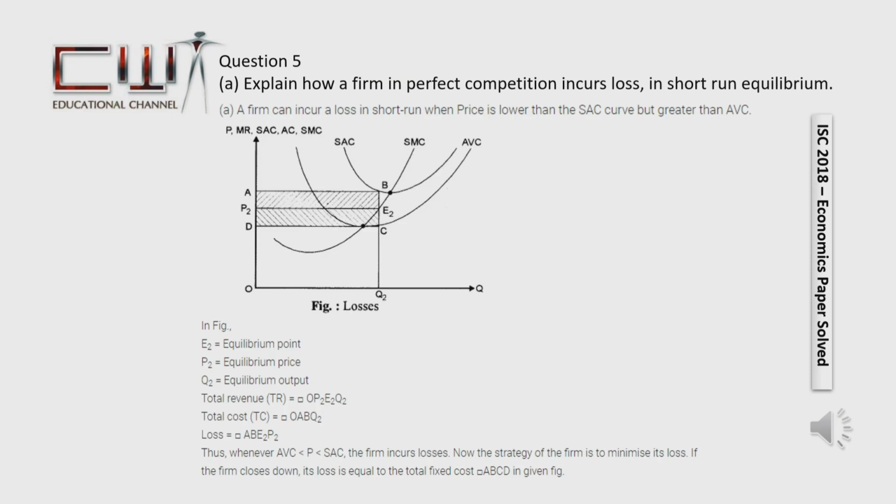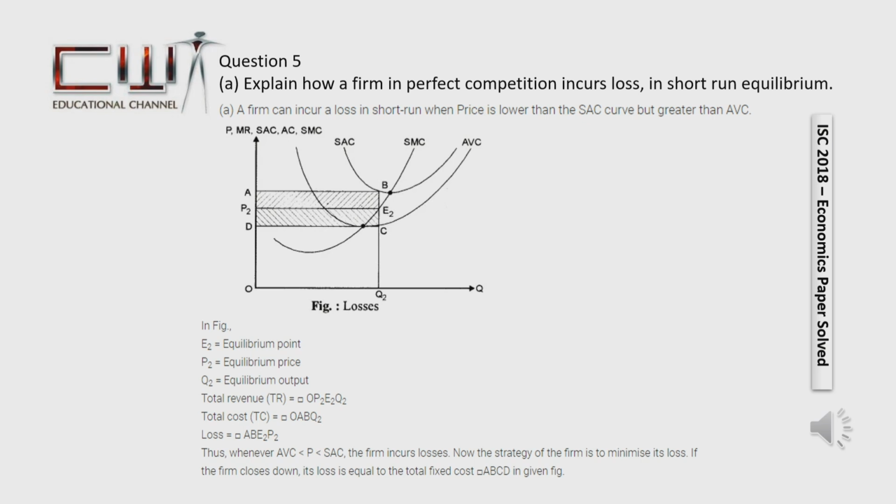Explain how a firm in perfect competition incurs losses in the short run equilibrium. Let us explain this with the help of the diagram. In the figure, on the y-axis, we take the price. On the x-axis is the quantity.